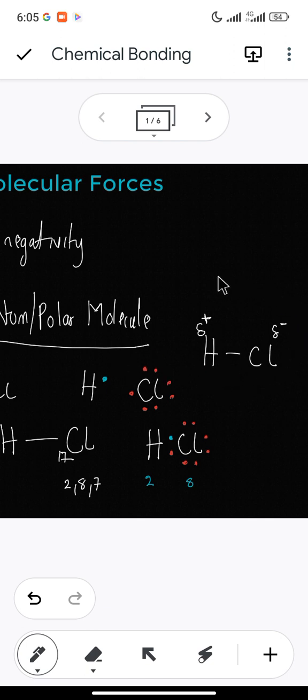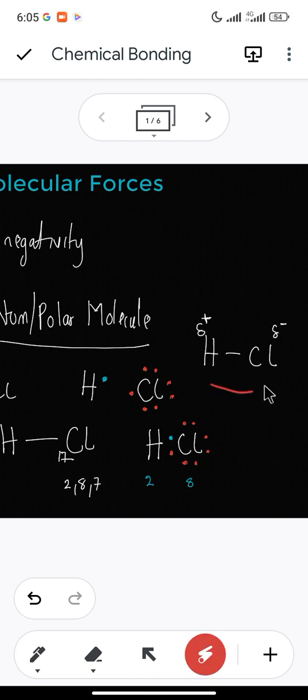So this is what we call a polar molecule. Understand? It is a molecule that has an uneven distribution of charges, such that one end has a slightly positive charge and one end has a slightly negative charge.